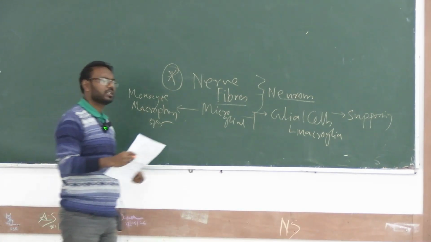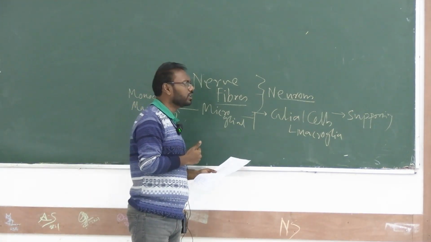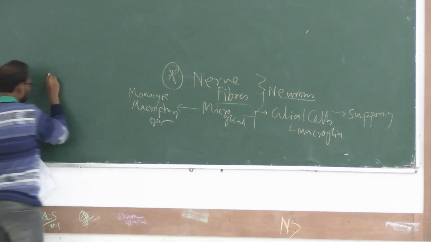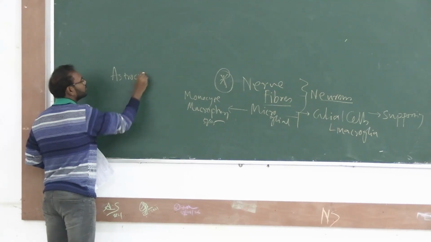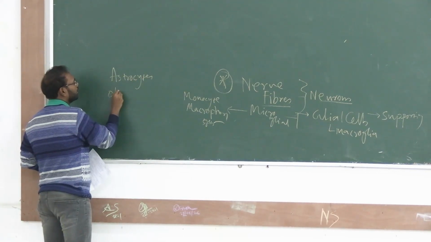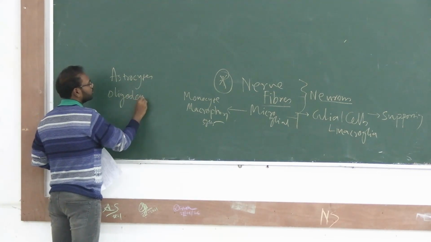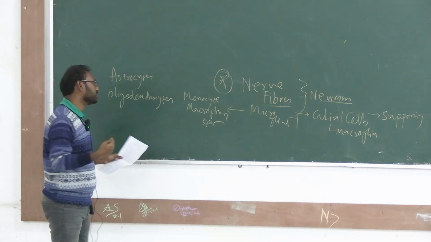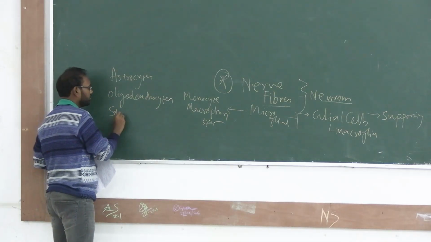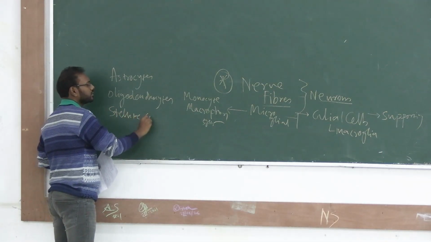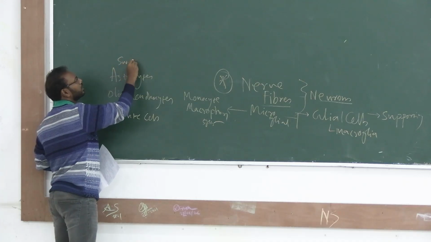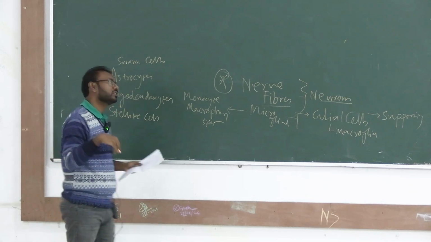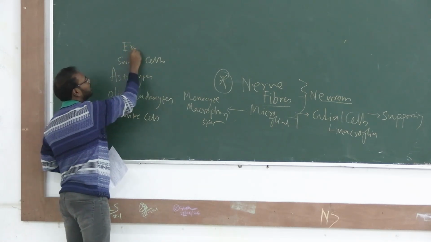They are of different types, typically there are 5 types. What types are there? Write them down. Astrocytes, oligodendrocytes, then satellite cells, Schwann cells, S-C-H-W-A-N-N, Schwann cells, and finally Ependymal cells.